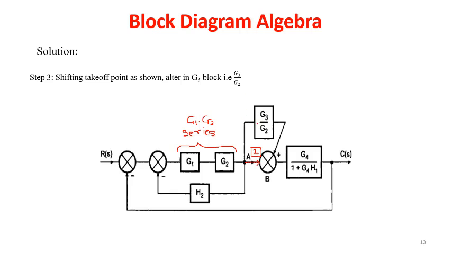So when we are going to combine these two parallel blocks, they will be getting as a parallel block element, G3 by G2 plus 1.